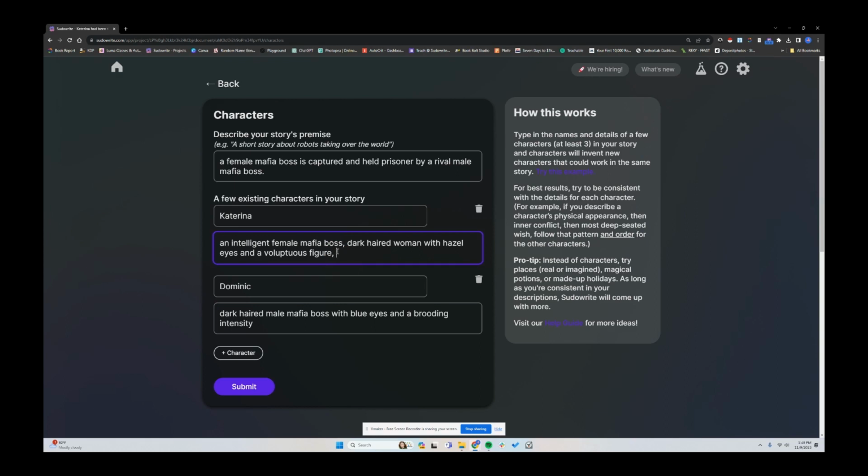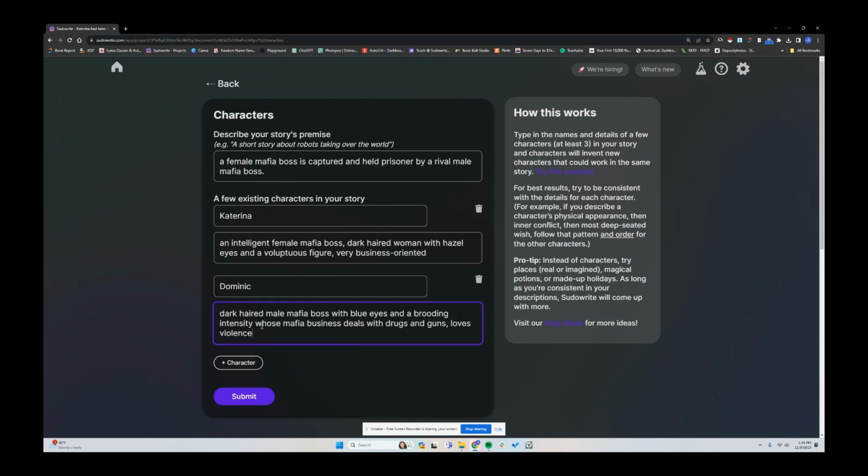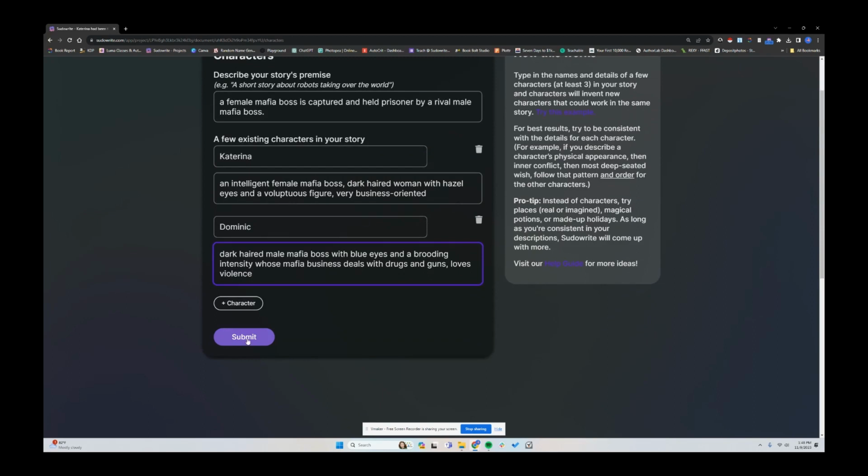Like she is very business oriented. I'm going to say she's from a mafia business that deals with drugs and guns, loves violence. You could add some more. Go with it.